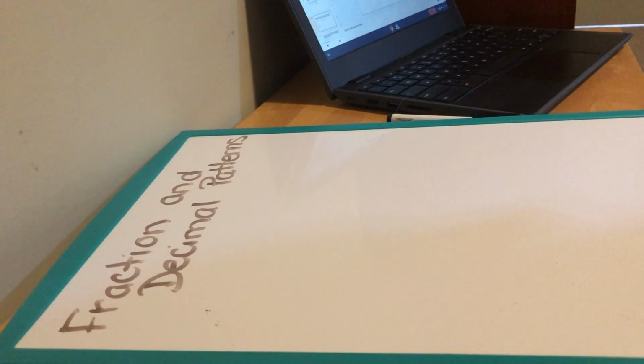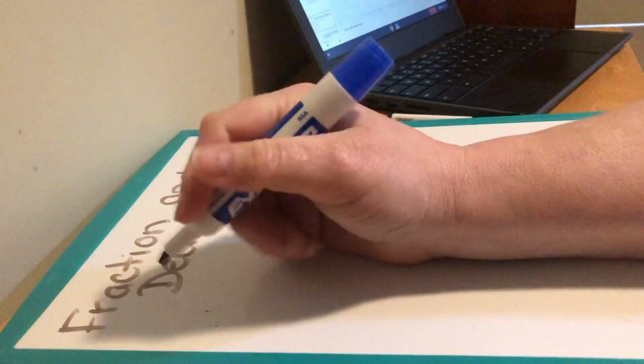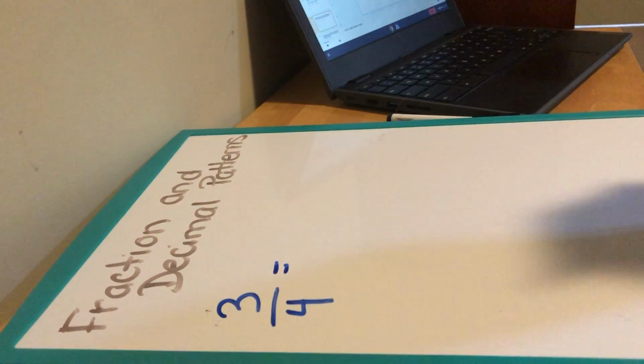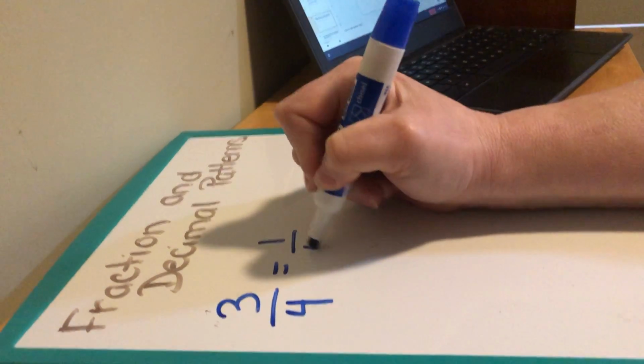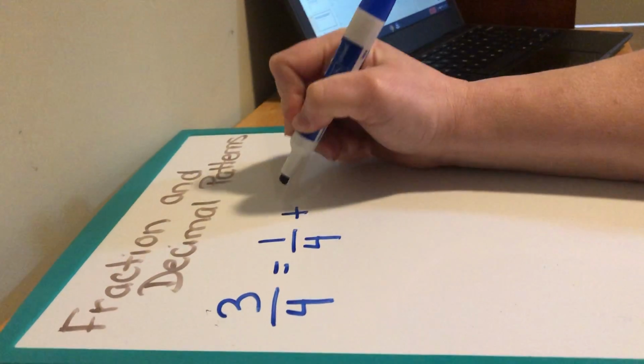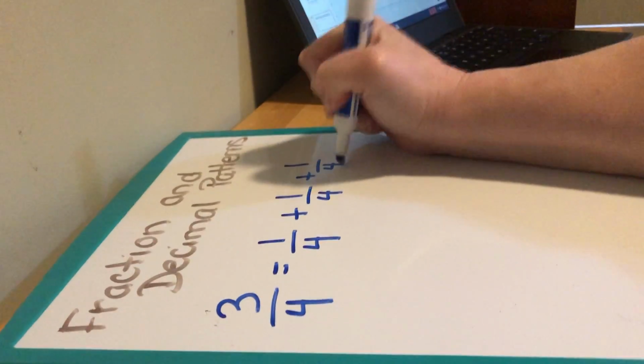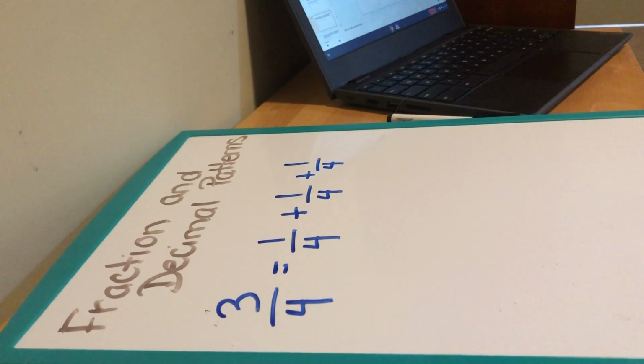The next example is 3/4. So let's write our original up here, 3/4. And now let's break it down into our unit fractions: 1/4 plus 1/4 plus 1/4. So now I know that that is 3/4.